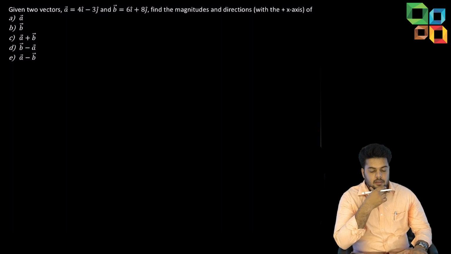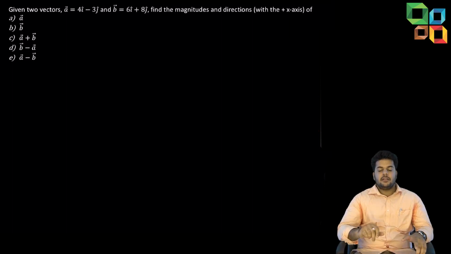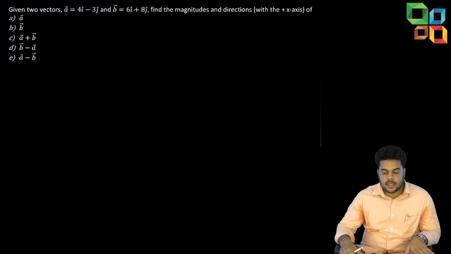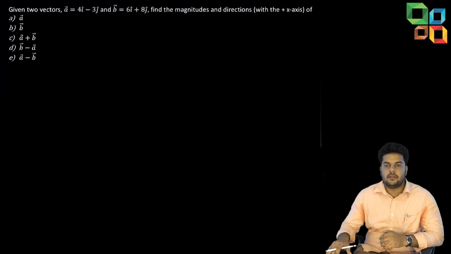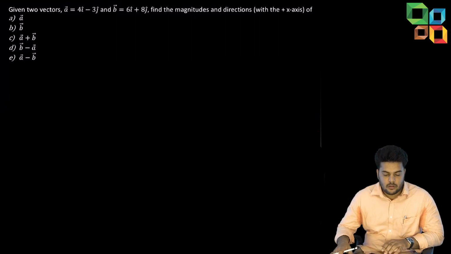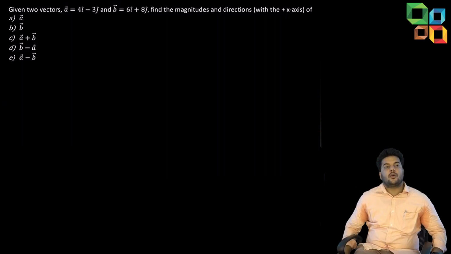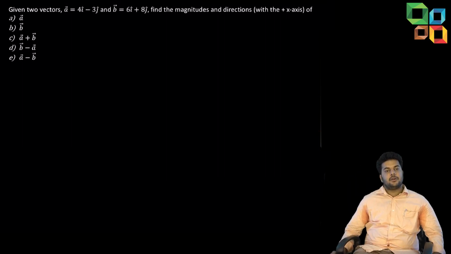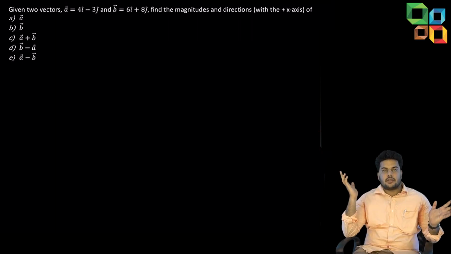So given two vectors, find the magnitude and directions with respect to the x-axis. Find the magnitude, how big it is. Find the size of this vector. And also the directions. Okay, quickly, can somebody tell me the magnitude of the first vector without writing down? 5. Yes.